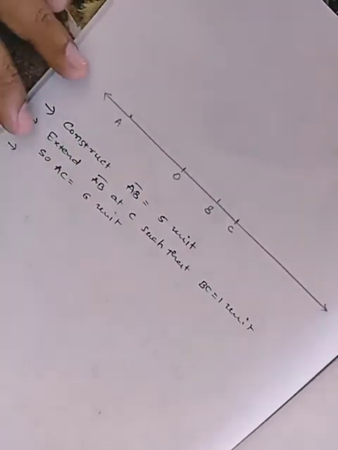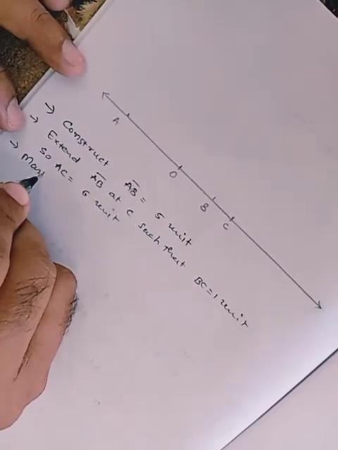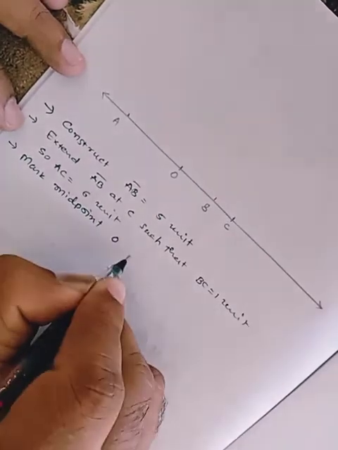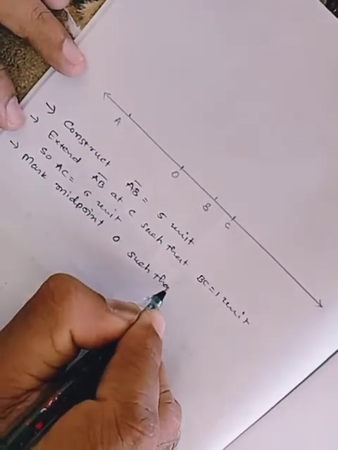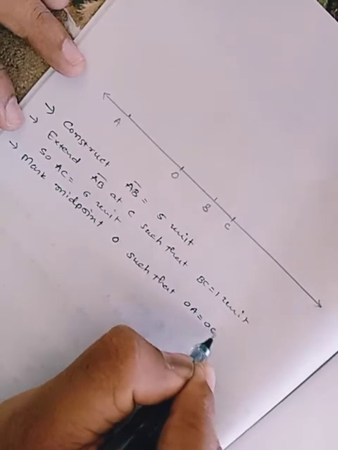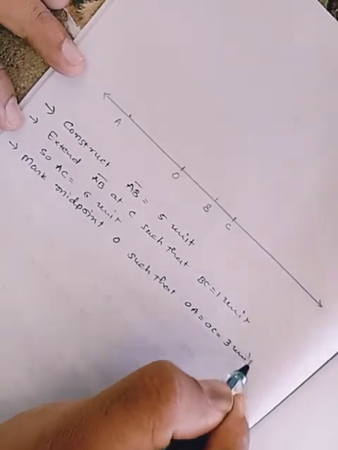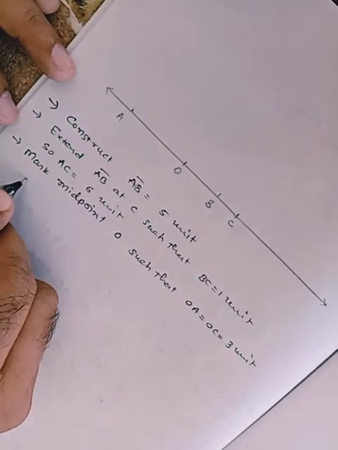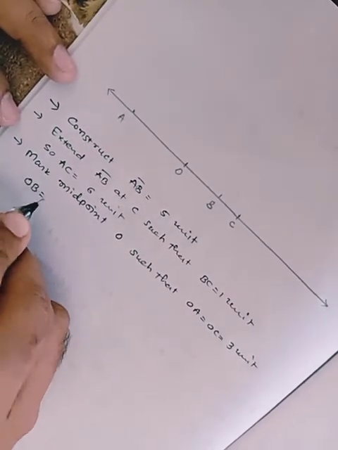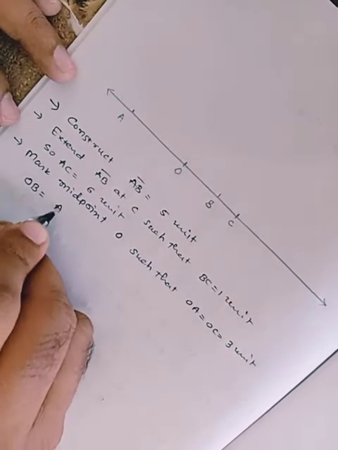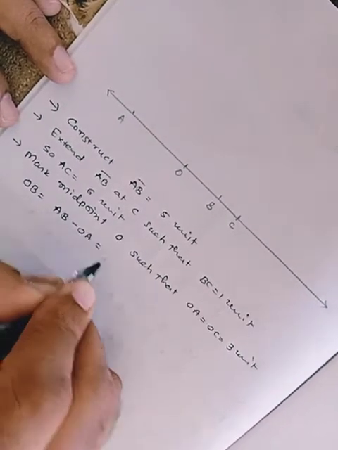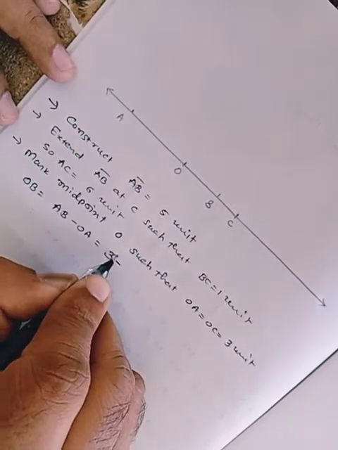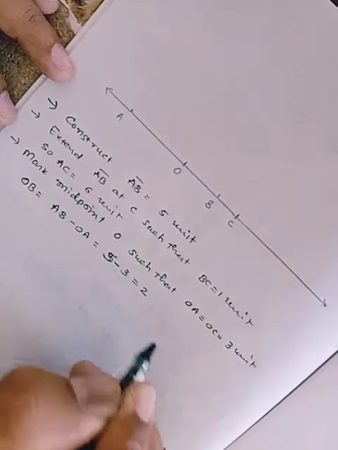And so we will write: mark midpoint O such that OA equals OC equals 3 units. And so we have OB equals AB minus OA, meaning 5 minus 3, so 2 units.